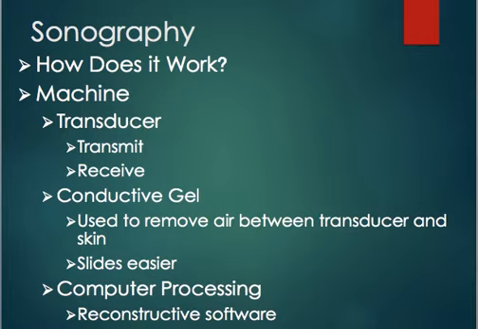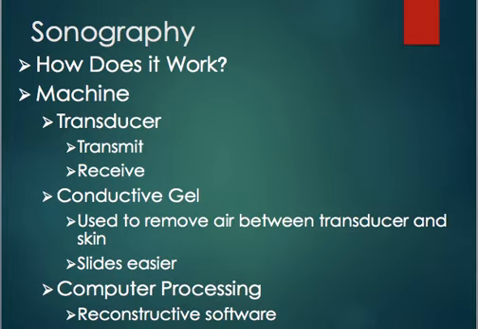Different tissues inside of the body are going to reflect those sound waves differently, which creates a kind of signature, which can be measured and then turned into the images that we see for ultrasound. So the computers and the reconstructive software take those sound waves that have bounced back and turn them into the pictures.